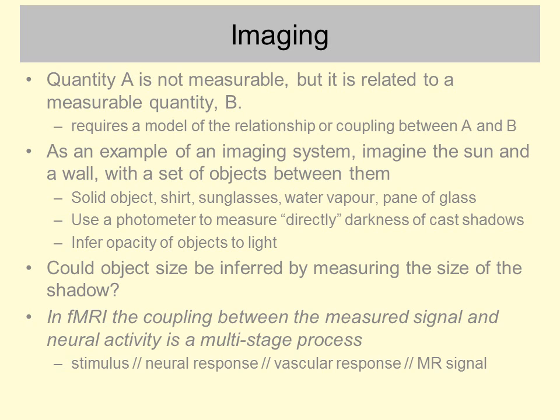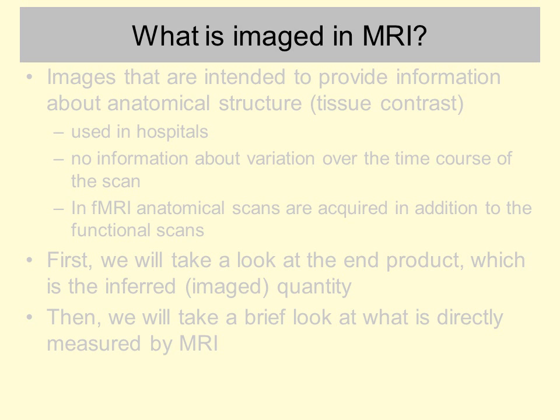There is some vascular response to the neural response, and then the MRI signal is influenced by the vascular response. So clearly the model of this relationship or coupling is going to be complex. Now let's take a look at what is imaged in MRI specifically.